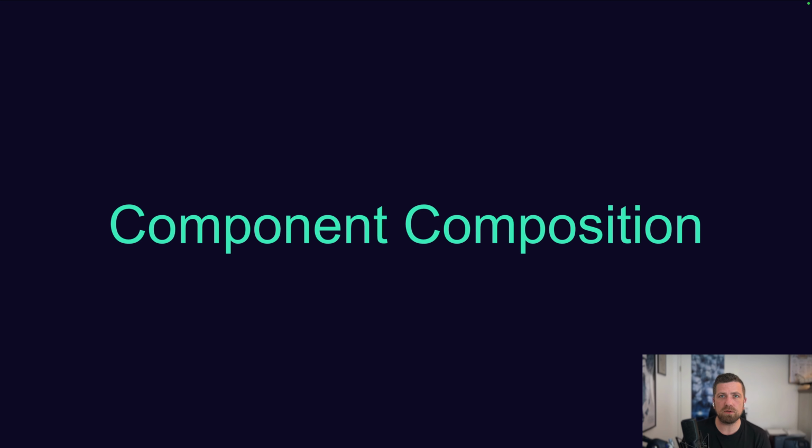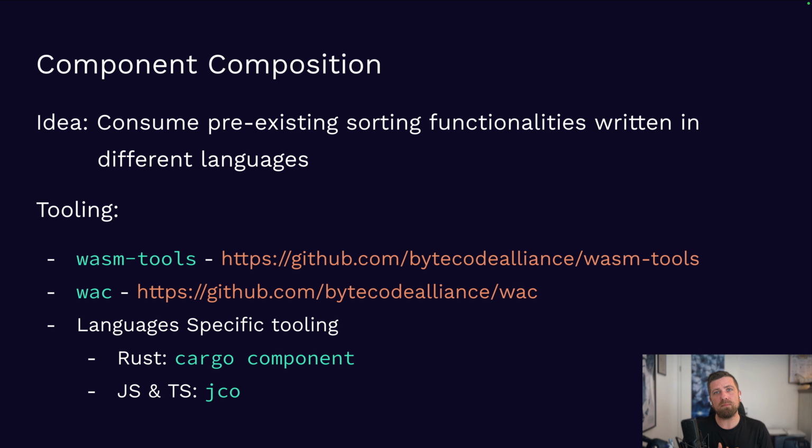Okay, let's dive deeper into component composition. First, we will have a look at manual component composition using the latest and greatest tools provided by the Bytecode Alliance and the WebAssembly community. So we will use wasm-tools and WAC to take components written in different languages and combine them together.